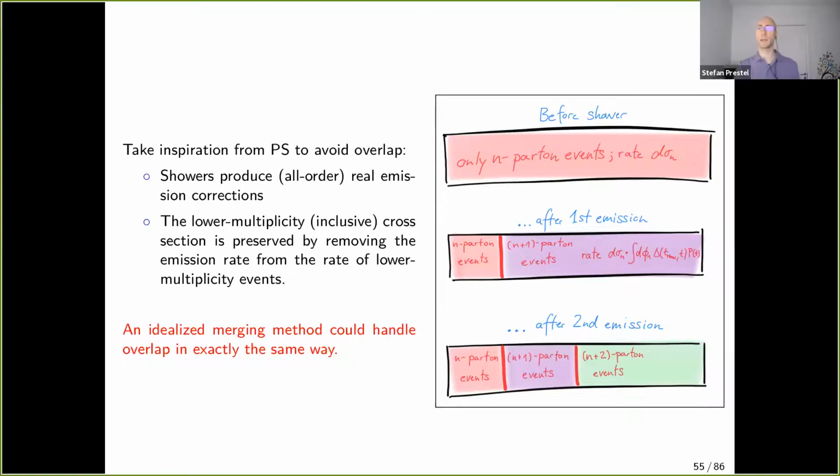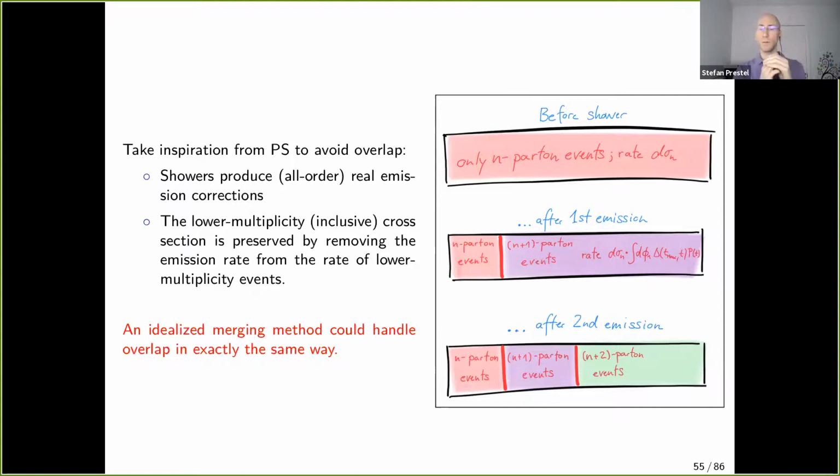So in a sense, think of it as you have a sample of 1,000 events with n partons only, distributed according to an n-parton differential cross-section. Once you shower that, you will have a piece where you still have, say, maybe 100 events that remain n-parton events. And you have 900 events that are n plus 1 parton events now, with the rate being the prior distribution rate times the integral over the emission probability, which includes this splitting kernel and the Sudakov factors.